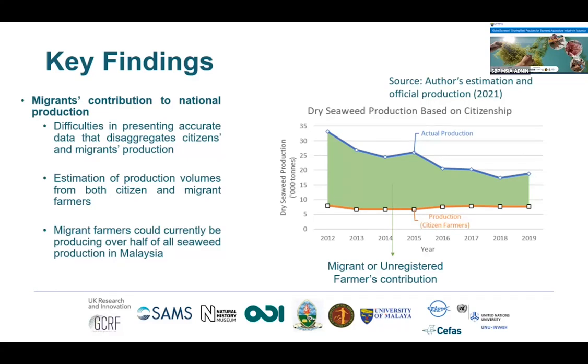However, this is the first time an attempt has been made to recognize their overall contribution. To provide an initial assessment of the contribution made by the migrants, we provide an estimate of production volume from both citizen and migrant farmers.